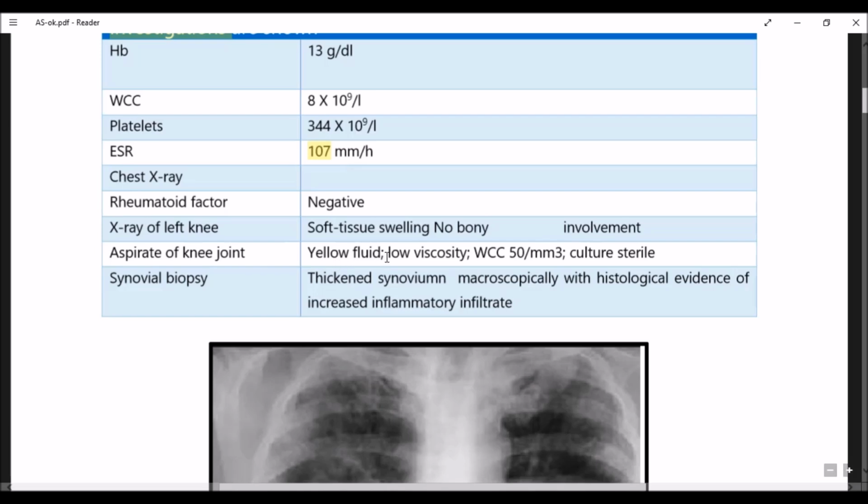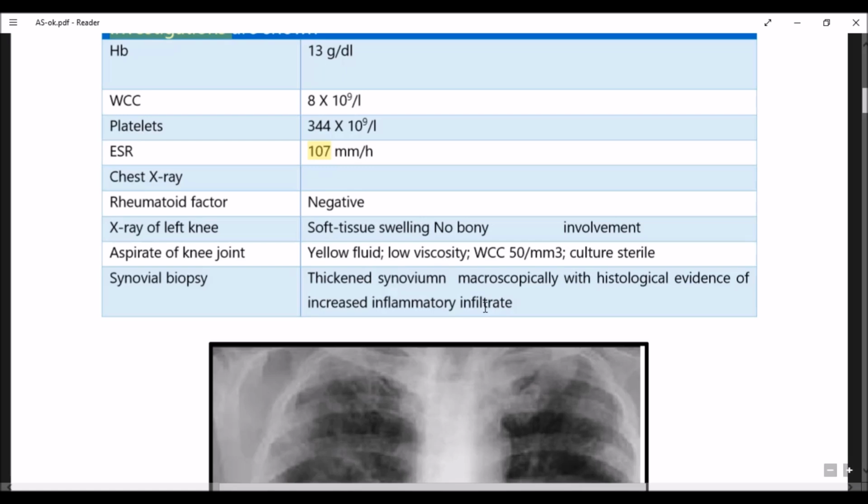Aspirate of the knee joint: yellow fluid, low viscosity, WBC 50 per cubic millimeter, but the culture is sterile. This means there is yellow fluid, only joint effusion. Synovial biopsy showed thickened synovium macroscopically, with histological evidence of increased inflammatory infiltrate.